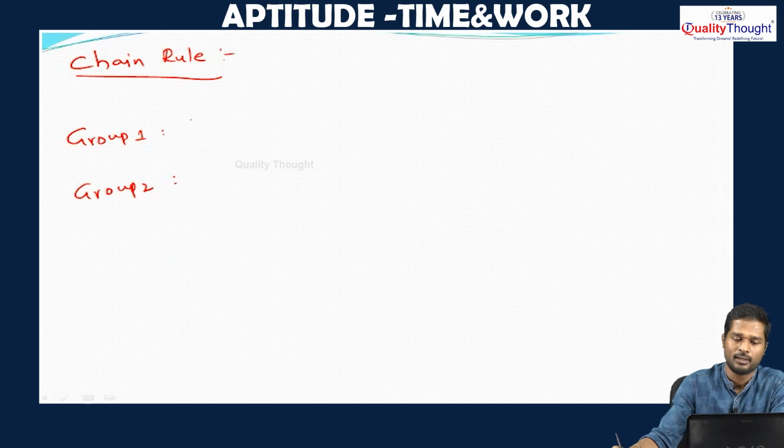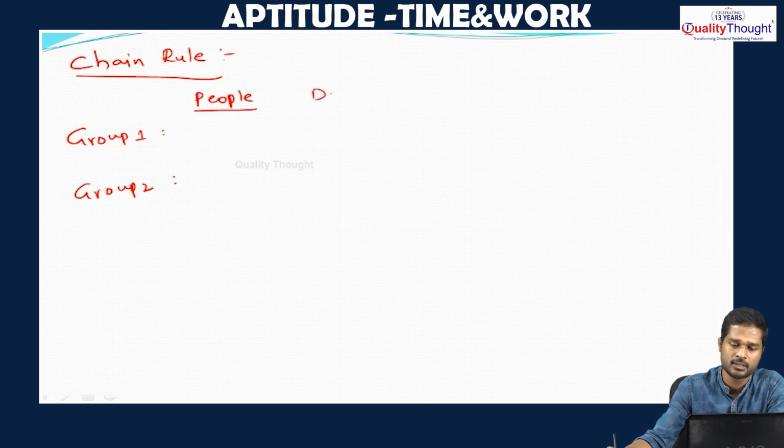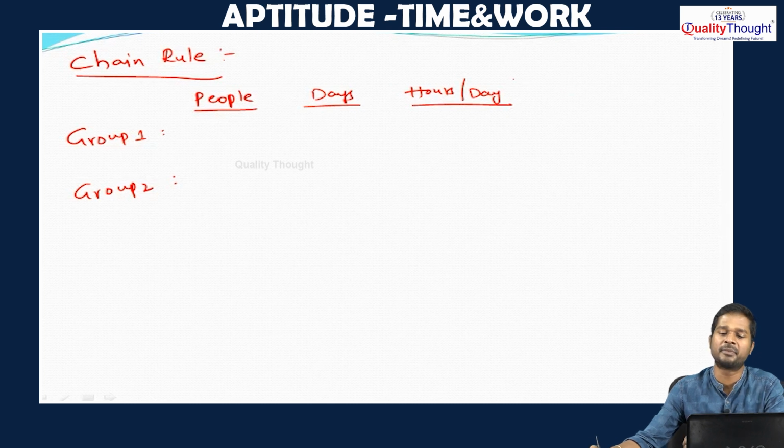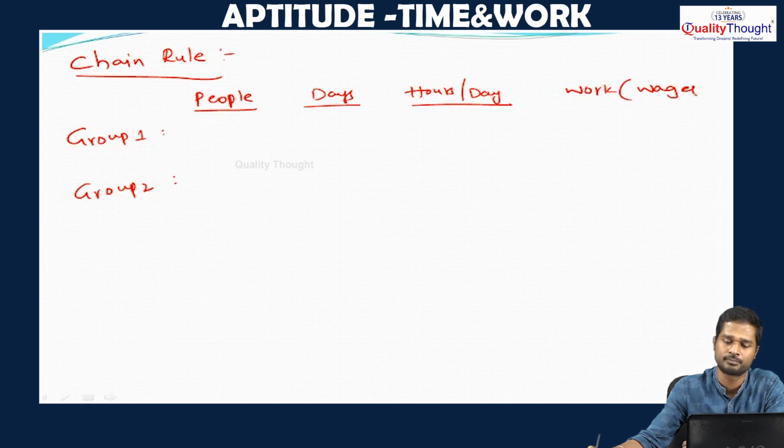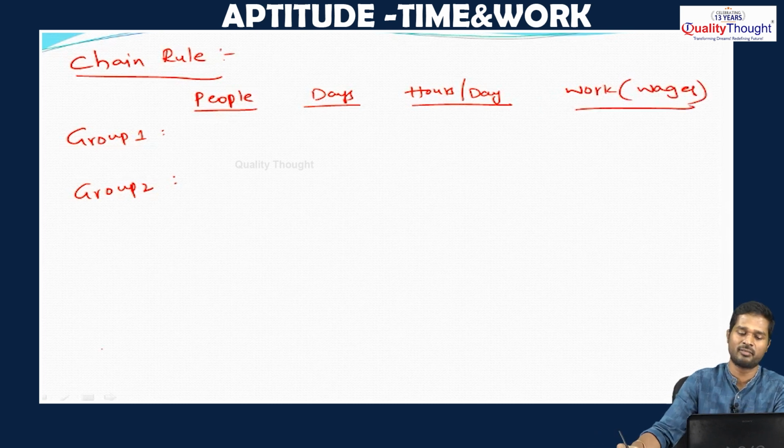Here I will write people and here days, and here every day how many hours they will be doing, hours per day, and here I will write their work done, or sometimes we will take these values as wages also. These are the values we will take.